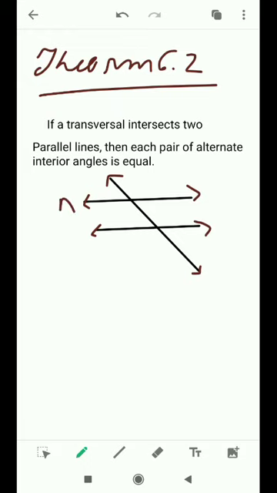We will name the lines AB and CD, and the transversal is PQ. So AB and CD are parallel lines, PQ is the transversal. We need to prove alternate interior angles are equal. That means I am marking here this one is equal to 2. This one we have to prove. Now how will you prove this one?